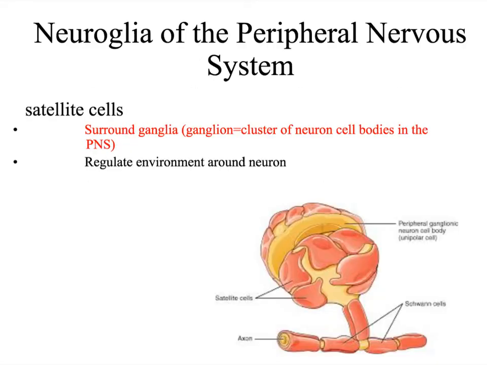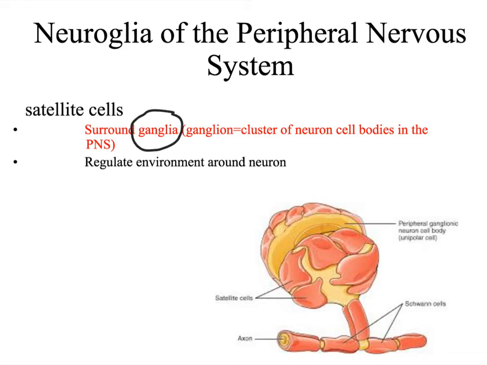Now, switching away from the central nervous system to the peripheral nervous system, there's only two types of glial cells. The first one is a satellite cell, and they're called that because they surround a ganglion. I mentioned to you earlier that all nerve cell bodies are located in the central nervous system except for an exception, and the exception is a ganglia.